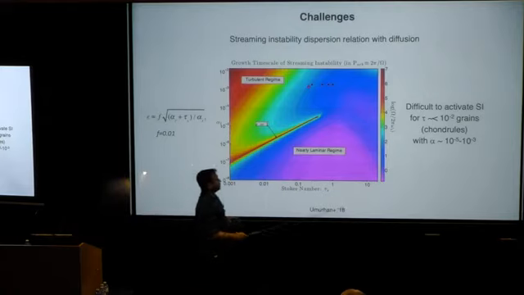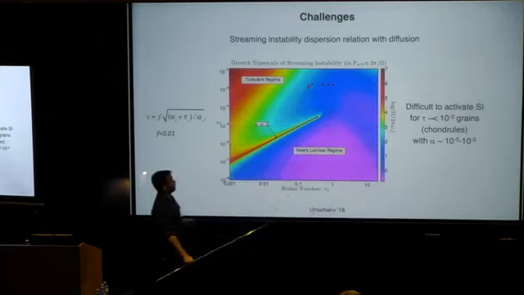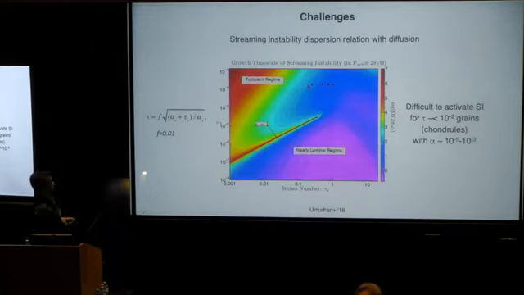This is the inverse of the growth time, right? So it takes about 10 million years, and in a disk you just don't have that time.